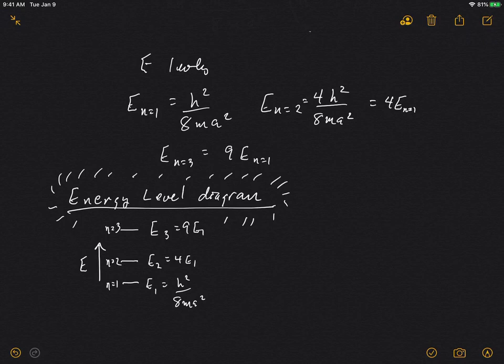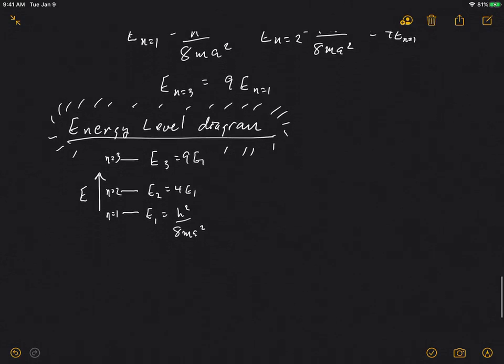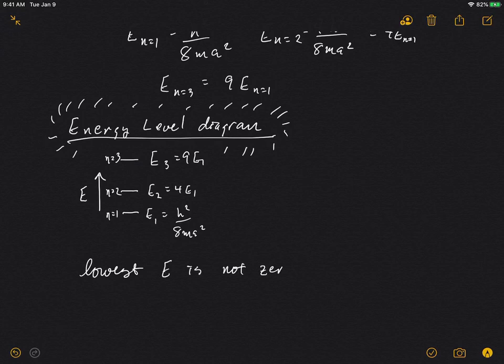So a couple of interesting things to notice. One is that the lowest energy in the system is not zero.